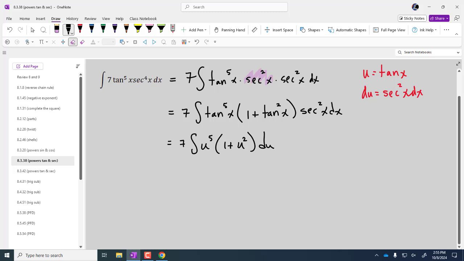So we've got that. And we'll just distribute the u to the 5th. u to the 5 plus u to the 7 du, power rule.